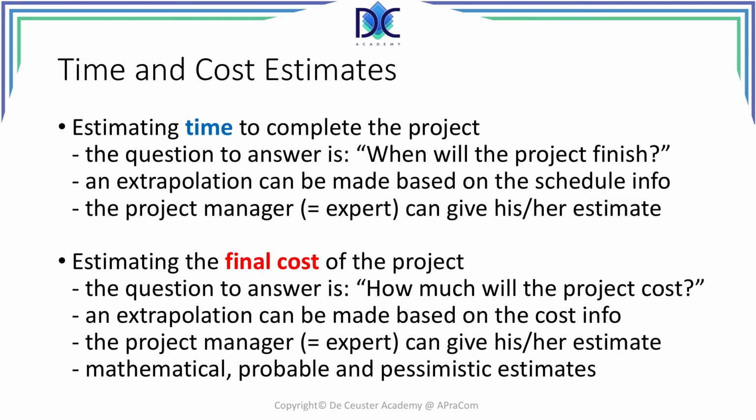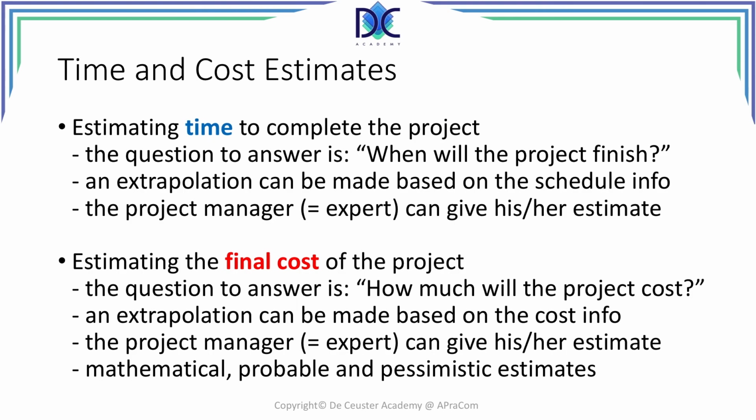From this, we can make time and cost estimates. We can look at the time that the project will be finished. We can make an extrapolation based on the earned value information. Of course, the project manager can always give the expert estimate. The same we can do with the final cost.